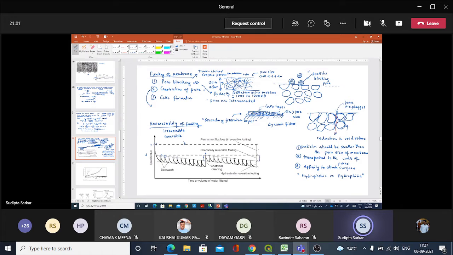And the part which cannot be restored is called irreversible fouling, or permanent loss of the flux. So this is how we can think about the resistance in our membranes.